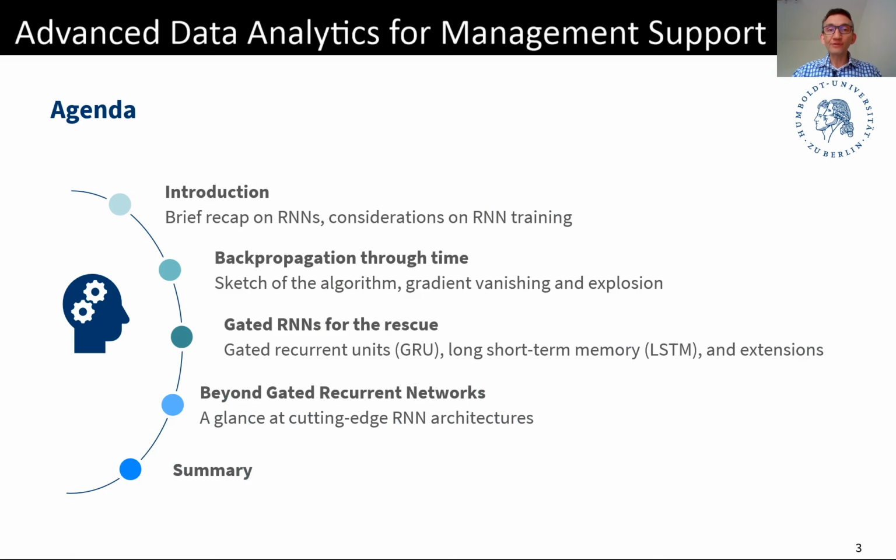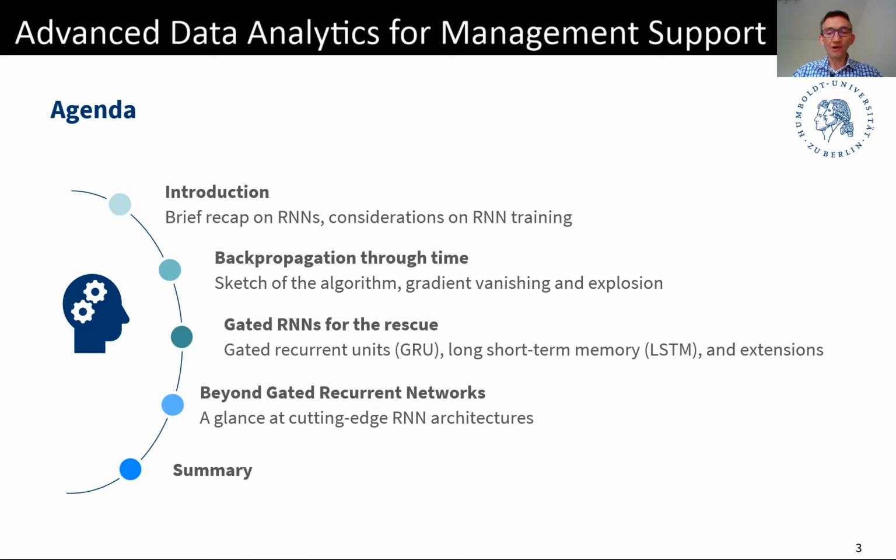We start with a brief recap of what we did in the last lecture, and next we introduce backpropagation through time, at least briefly, to give you an understanding of the main algorithm to train recurrent neural networks and to motivate why newer types of recurrent neural networks have taken over at some point.